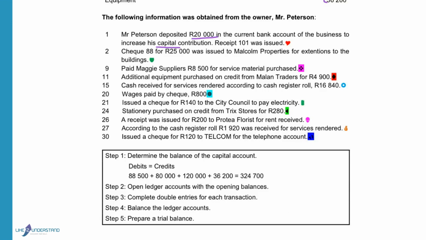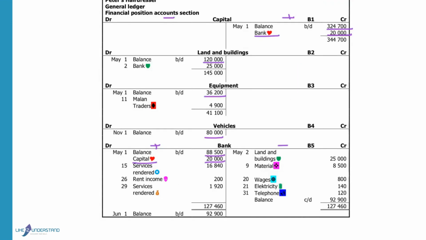Check 88 for 25,000 was issued for extensions to the buildings. We paid by check, so the one entry will be in the bank account. We had extensions to the buildings, so the value of our buildings increased, so the buildings will be the double entry. Land and buildings is an asset.